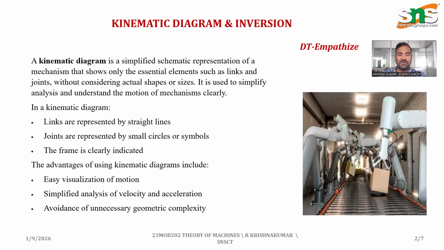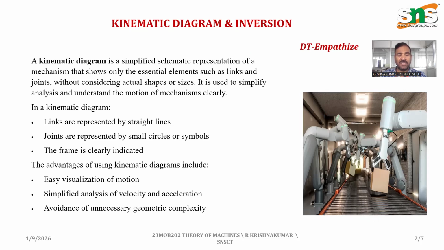In real machines, components often have complex shapes designed for strength, aesthetics, or manufacturing convenience, which can obscure the actual motion relationship. By replacing the components with simple lines, a kinematic diagram highlights only what is important from the kinematic point of view.